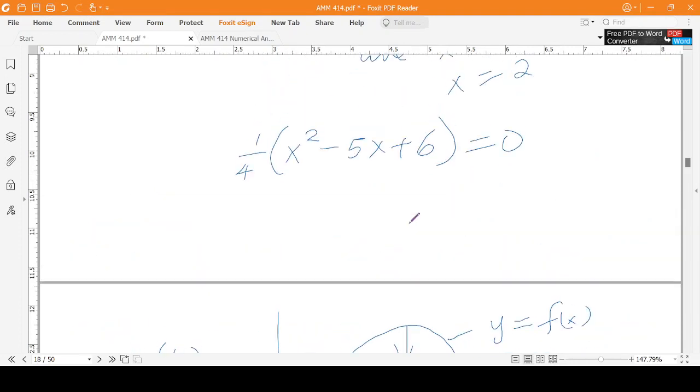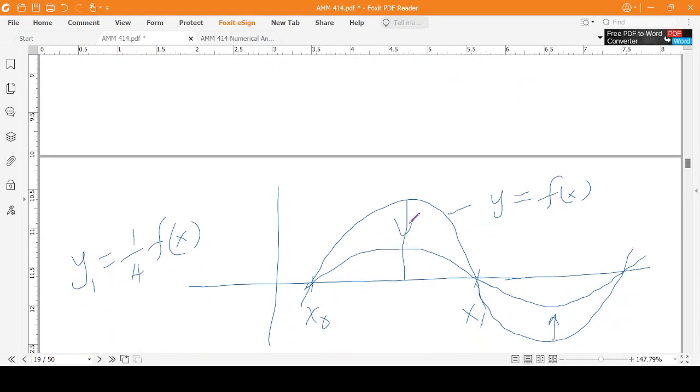So when we generate a monic polynomial, it will have the same roots, and the same points as turning points here, say A and B. If this were the turning point, they will remain the same. But the value of y, the maximum value, the minimum value here will be shifted. The minimum value will be shifted upwards by a factor of 4. If we are dividing by 4, the maximum point will be shifted downwards here.